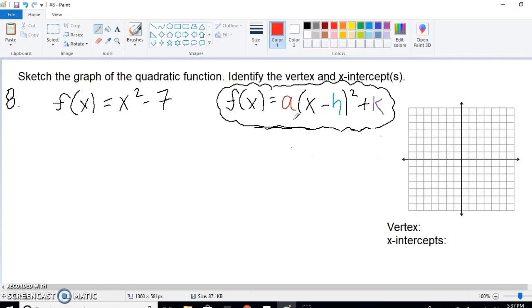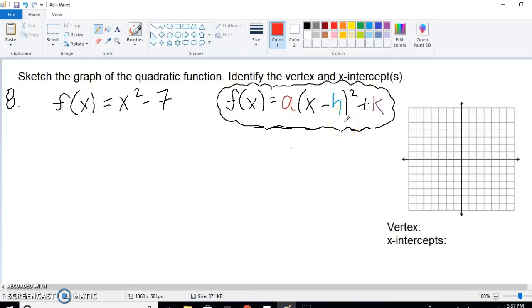If your a value is a fraction, so the absolute value of your a is between 0 and 1, then there is a vertical compression and your graph is going to appear wider because it is going up at a slower rate.